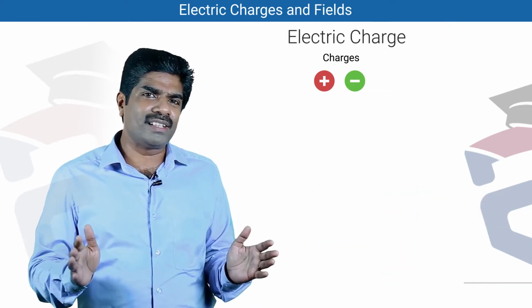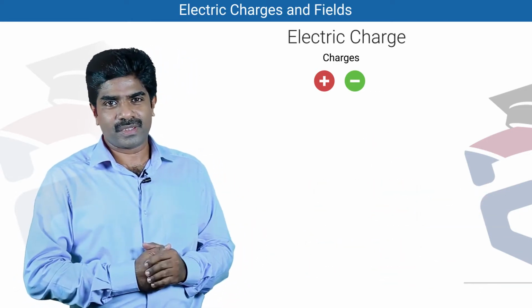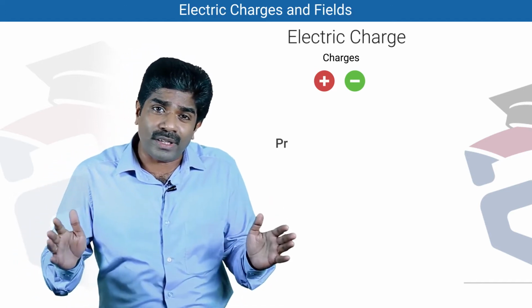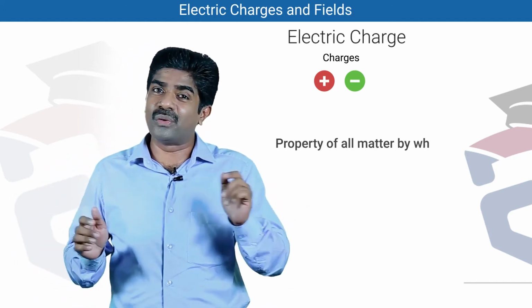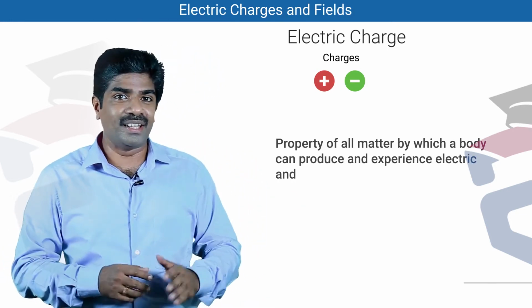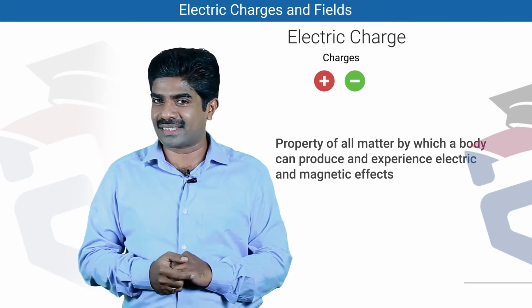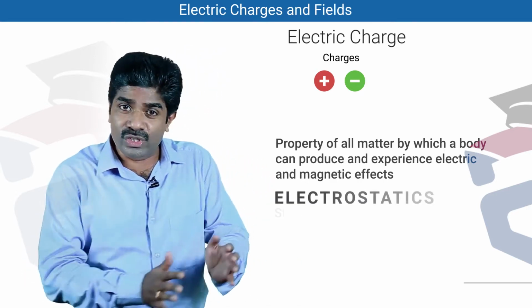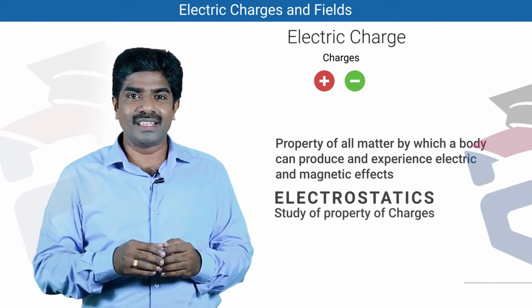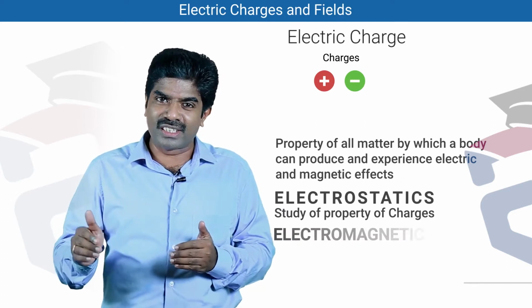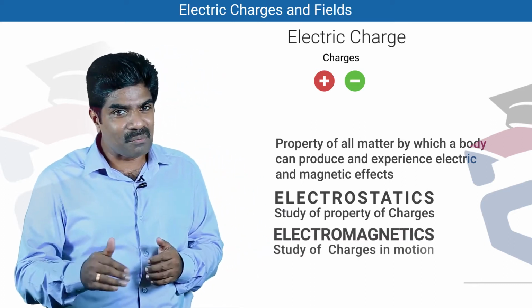Now let us define the charge. What is charge? Charge is the property of all matter by which a body can produce and experience electric and magnetic effects. The study of charges which are at rest is known as electrostatics, and the study of charges in motion is known as electromagnetics.